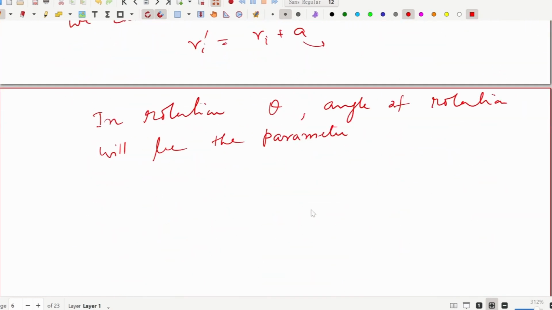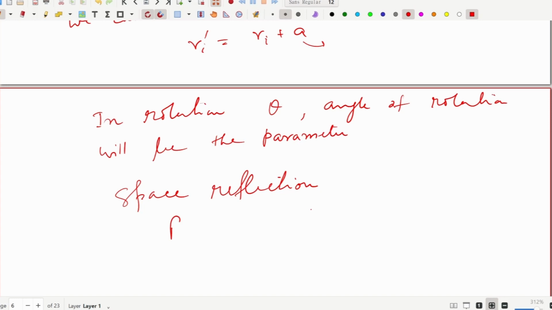Now, we will have some examples of discrete transformation. For example, space reflection is an example of a discrete transformation.